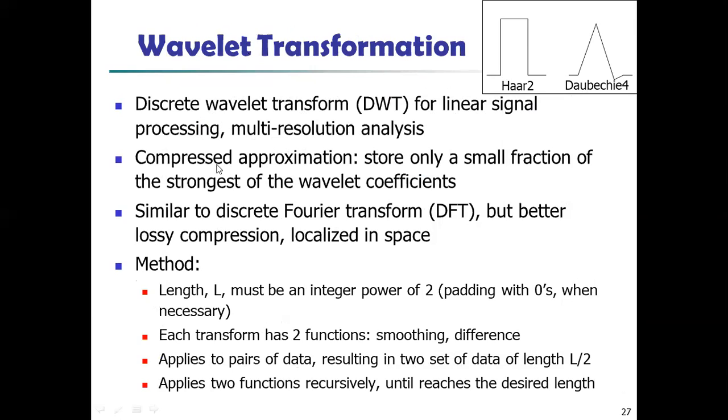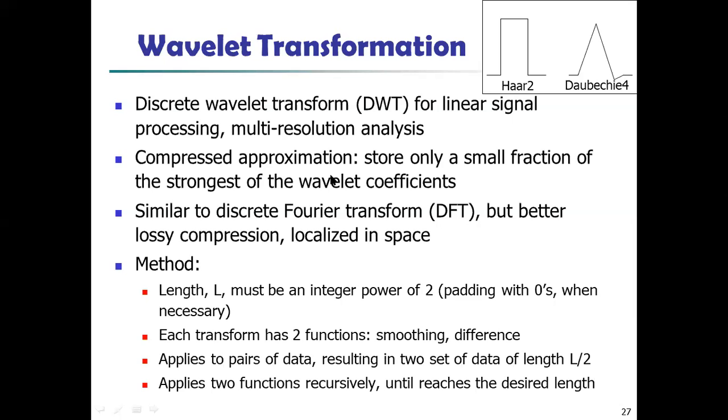Similarly, you represent the wavelet coefficients and the discrete Fourier transform. Generally two types of transforms are used: first the wavelet transform, and second the Fourier transform. Similar to the wavelet transform, you can apply the discrete Fourier transform, but the wavelet gives better noisy compression, localized in space.